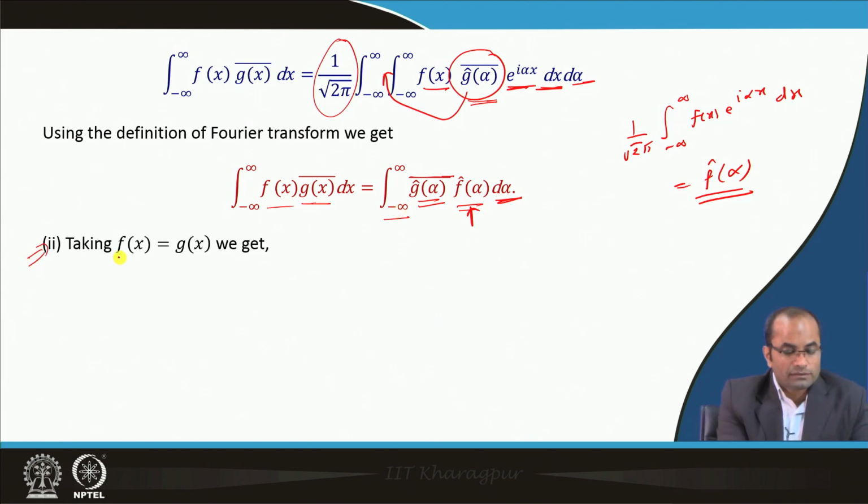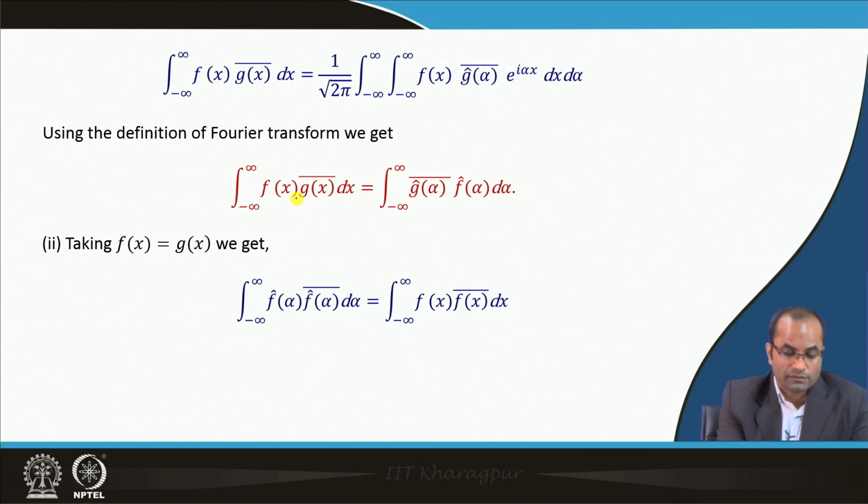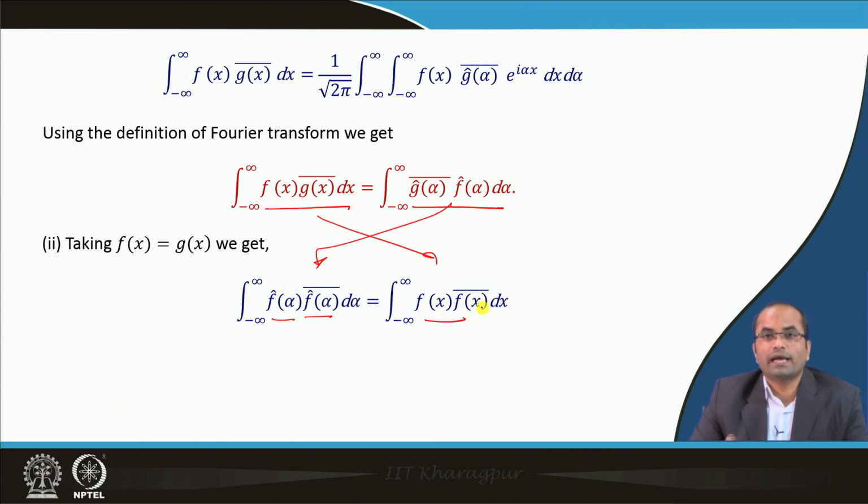For the second part, if we take the two functions equal, that means f(x) equal to g(x), then what will happen? In the above formula we have taken the same function. On the right-hand side we have f hat alpha and f hat alpha conjugate, and on the other side we have the integral of f(x) and f(x) conjugate dx.